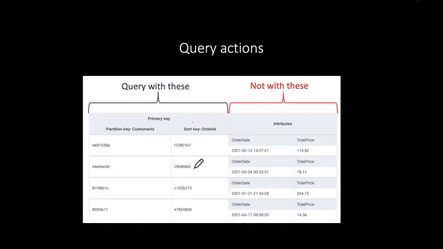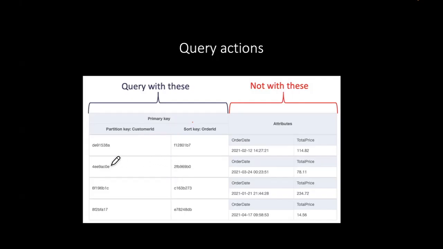And even though the order IDs here look kind of meaningless, let's suppose the order IDs were sequentially numbered. So you've got order number 10, 11, 12, this kind of stuff. For this table, a query could be, give me all of the orders where the customer ID is a specific value and the order ID is greater than 200. And it will return that. That's a valid query.